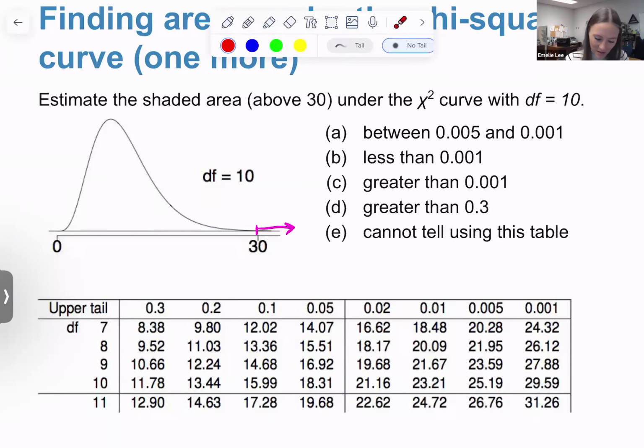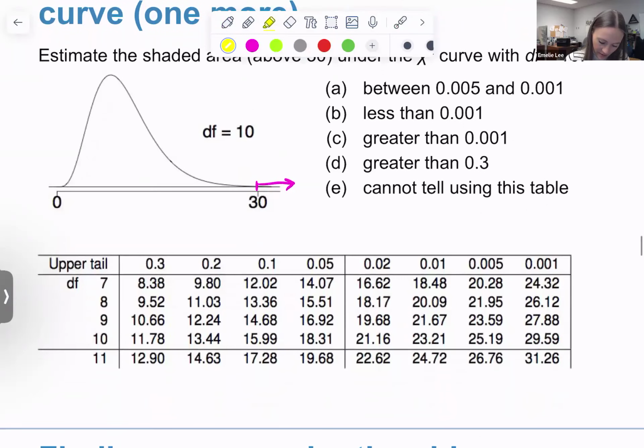And so at 10 degrees of freedom in this table excerpt, we're stuck on this line, and we're going to try to place 30 somewhere on this line. Okay, here. Chi-squared equals 30 would be somewhere there. Okay. What can we say? It's somewhere between 0 and 0.001, or just less than 0.001, right?